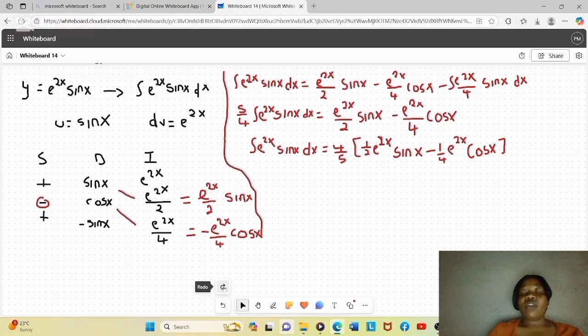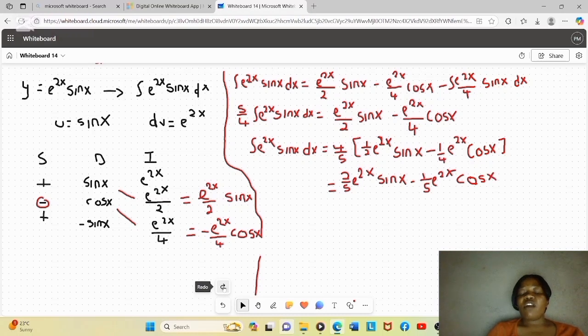Then from here we just do simple mathematics. We multiply everything inside the brackets by 4 over 5. Then we get 2 over 5 e to the power 2x times sine x minus 1 over 5 e to the power 2x times cos x.